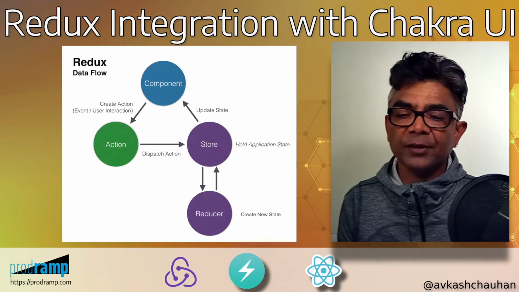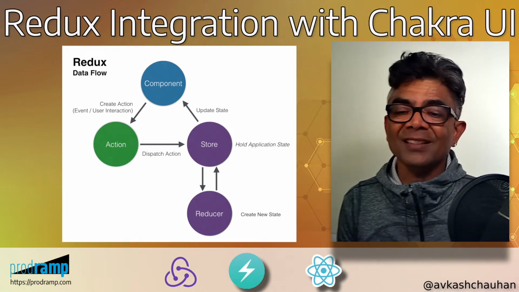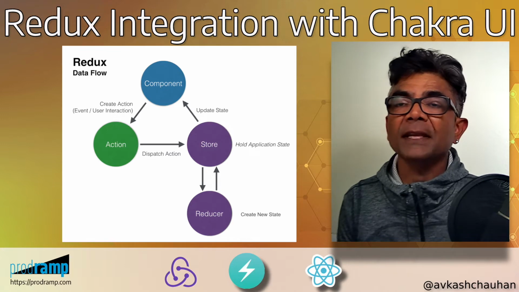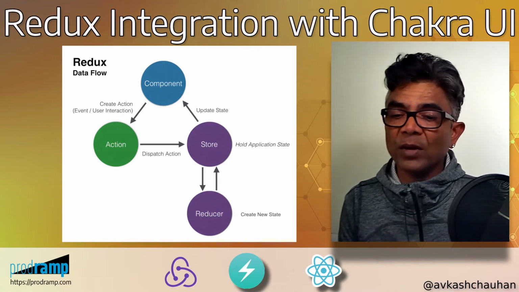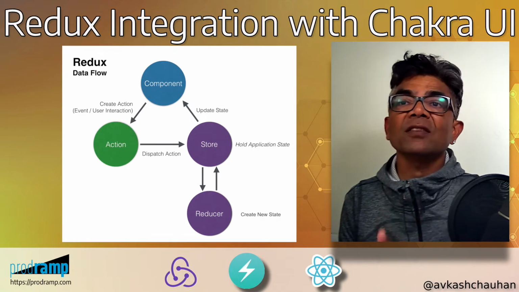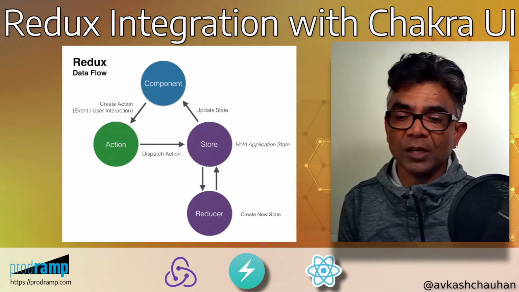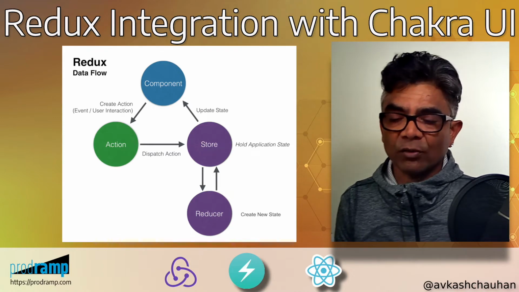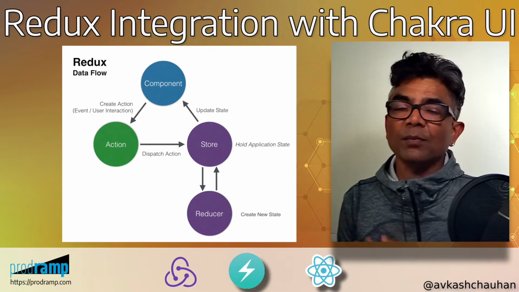As soon as that action comes to the store, it is possible that the store may have the component-specific data. If it has component-specific data, it sends the component the updated state of that data. If not, it interacts with the user, gets the newer state, and then updates your data.